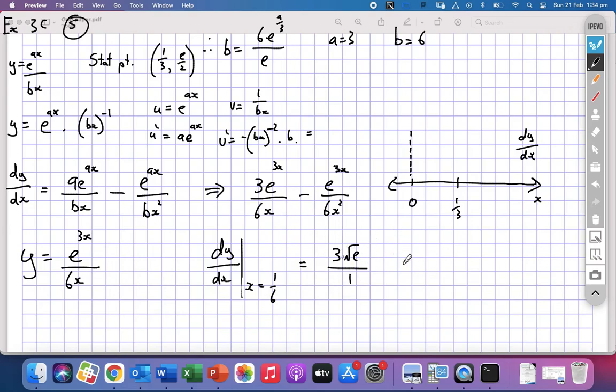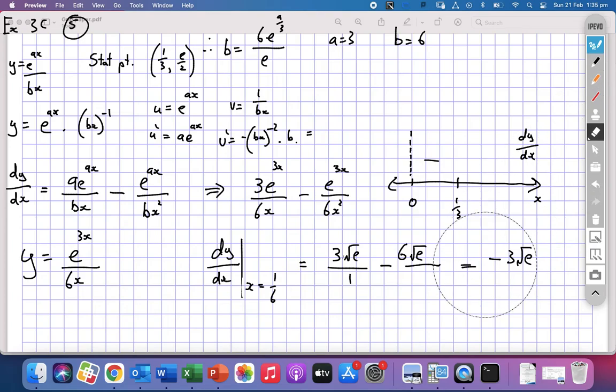So that's a positive number, minus, another square root e on 1/6 squared. I have a 1 on 36, I have 6 on 36. It's 1/6. If I divide by 1/6, same thing as times by 6. So I get minus 3 root e. It's negative, right?